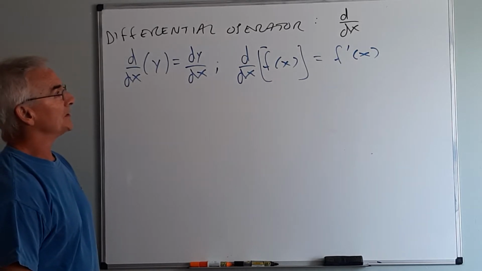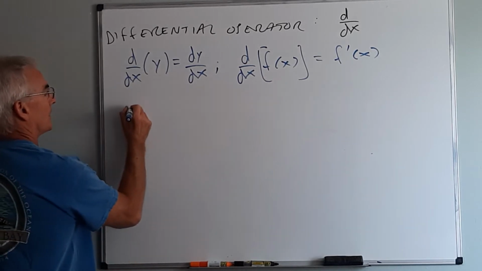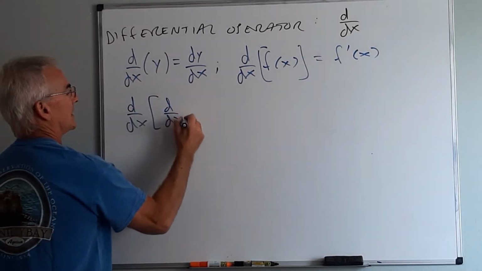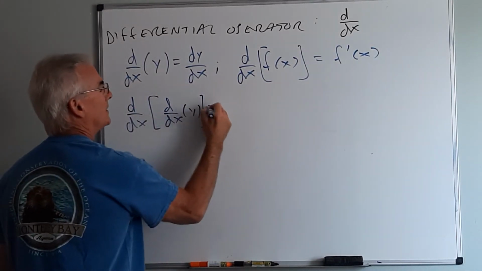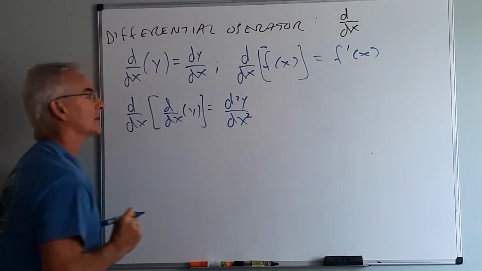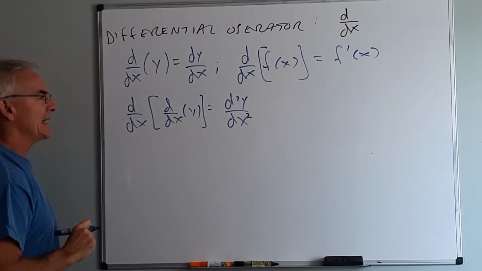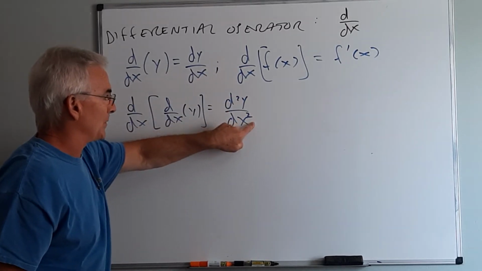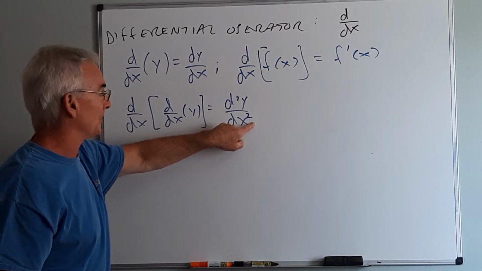Now, if I wanted to take a second derivative, if I wanted to do d/dx of d/dx of y, we write that as d squared y over dx squared. Now, it might seem redundant that I have a 2 in both cases, but that will be evident when we do the multiple variable problem.